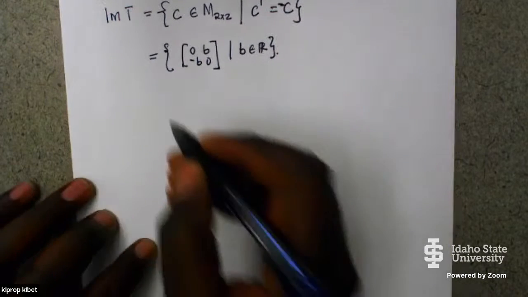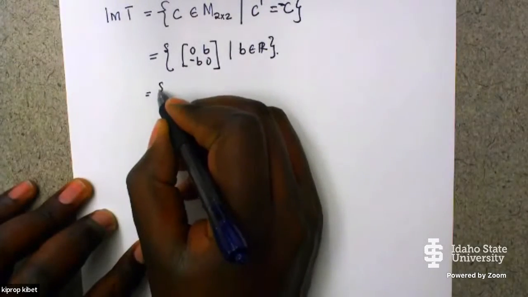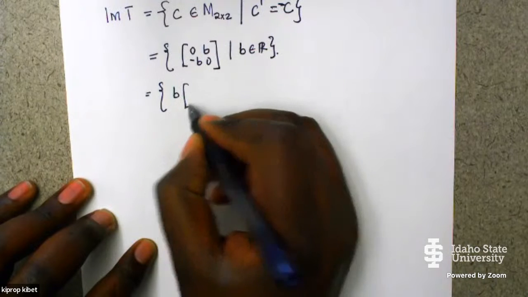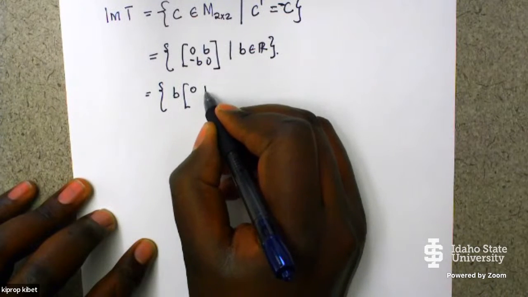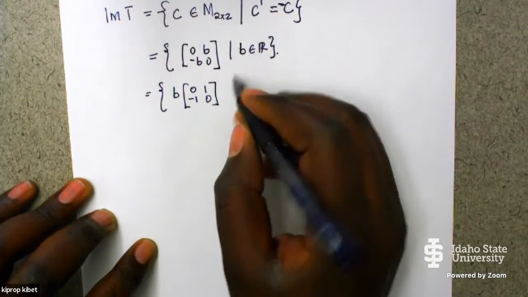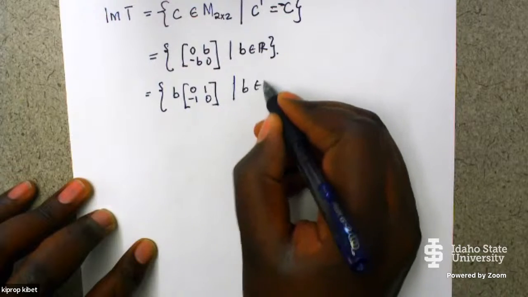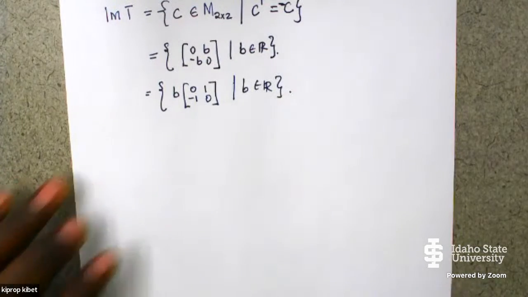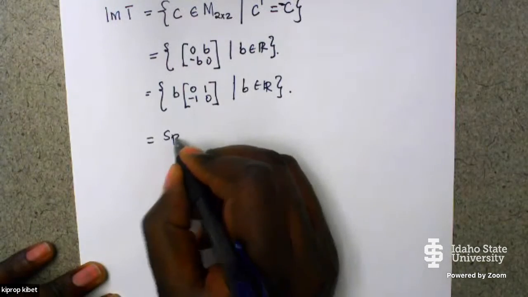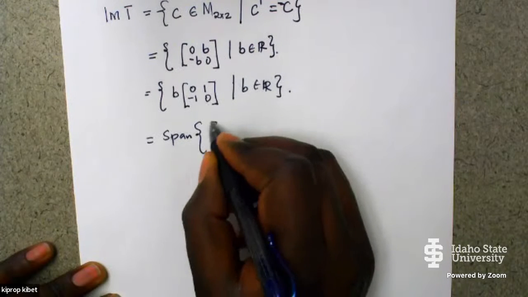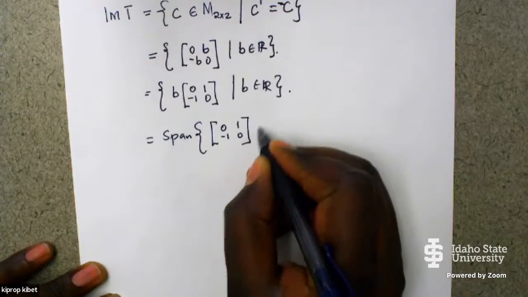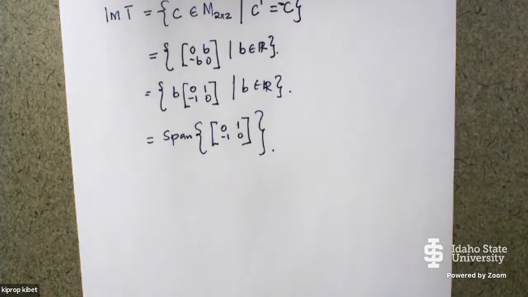Therefore, factoring out B, we have 0, 1, -1, 0, such that B is a real number. So our image of T is equal to the span of 0, 1, -1, 0.